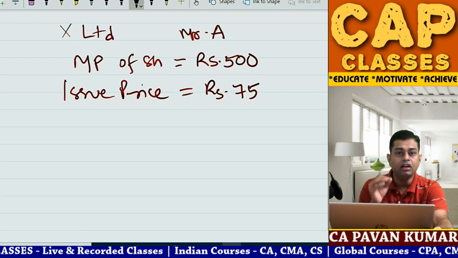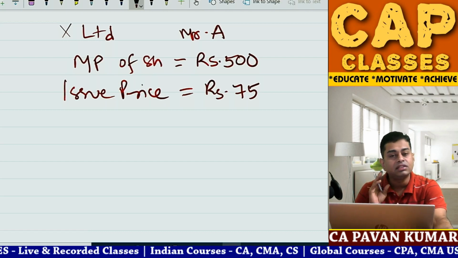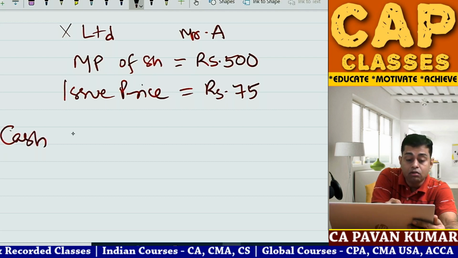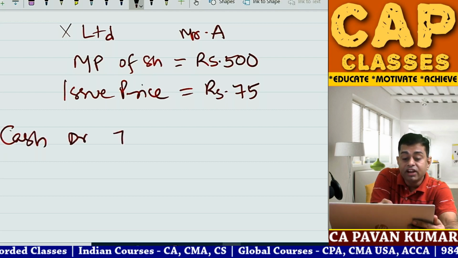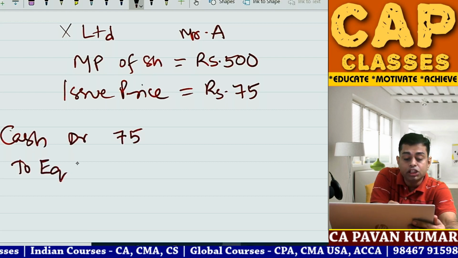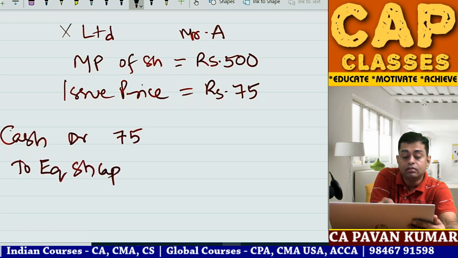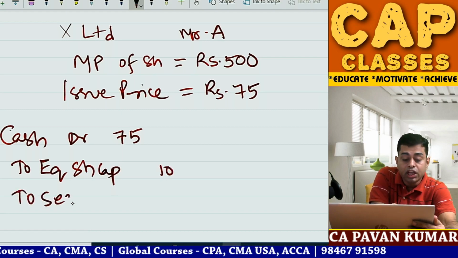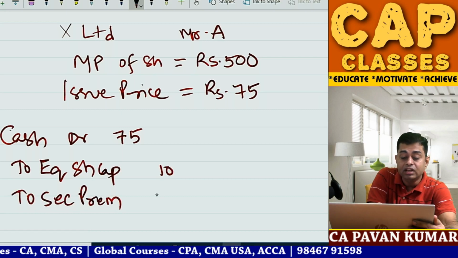How will you record this? Will you record cash account debit 75 to equity share capital 10, to security premium 65?